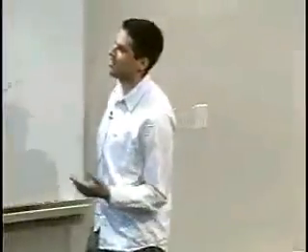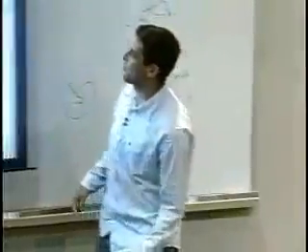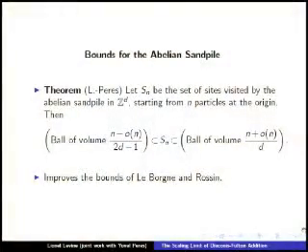Certainly doesn't seem to be by the pictures. Specifically, we can squeeze Sn between a ball of volume about n over 2d minus 1 and a ball of volume about n over d. So this improves some earlier bounds due to Levine and Rosen.